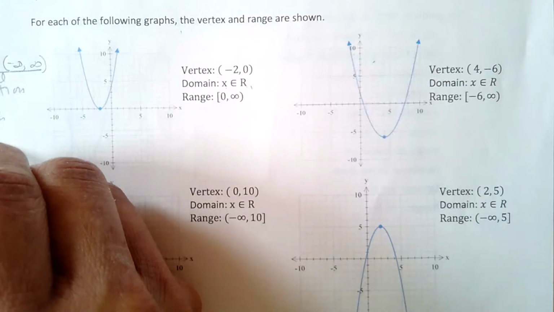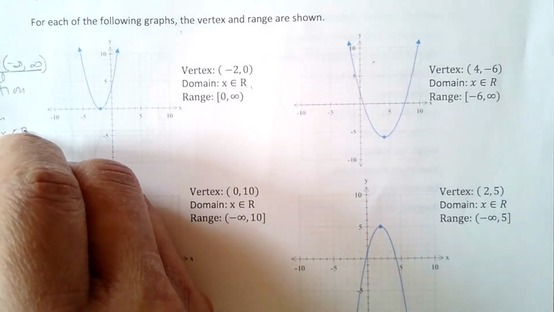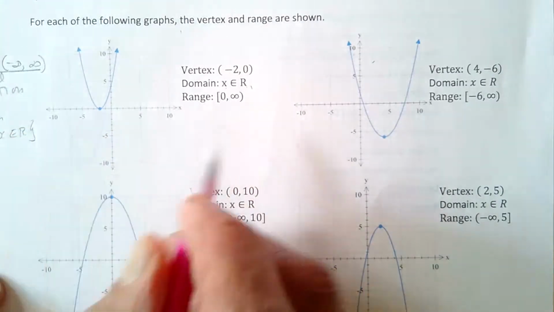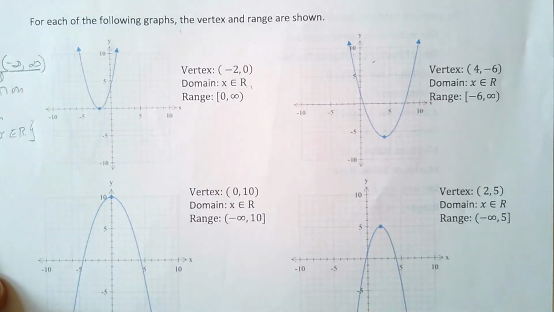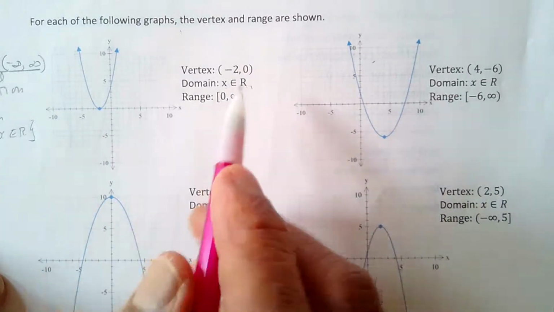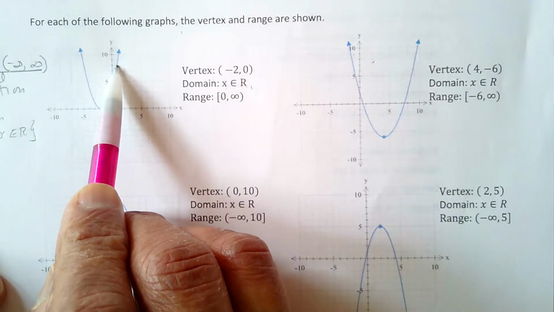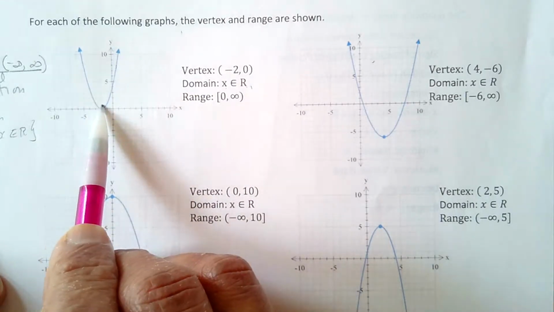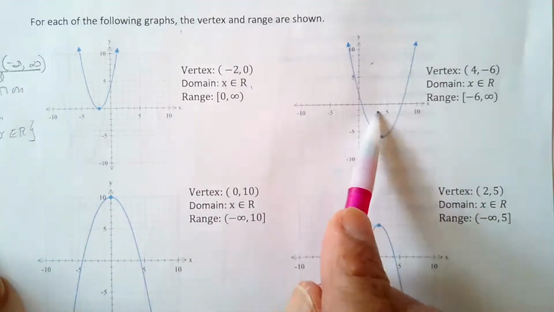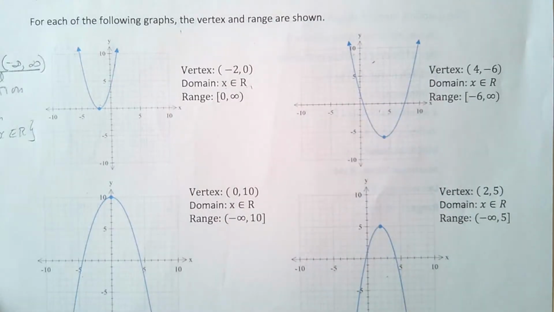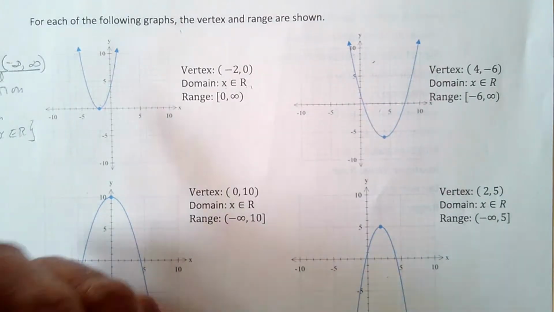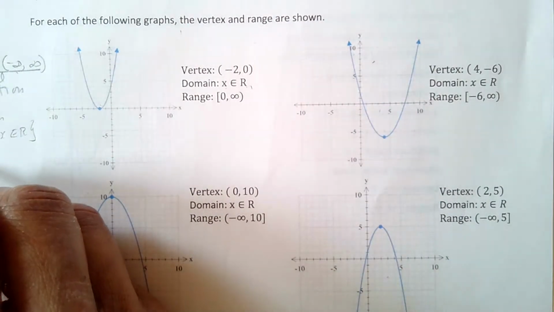You can say x such that x is a set of real numbers. In other words, there's no limit. Any number you can think of, there's an x value that will fit this graph. Same as the other ones here. So this is interval notation, and this we call set notation.